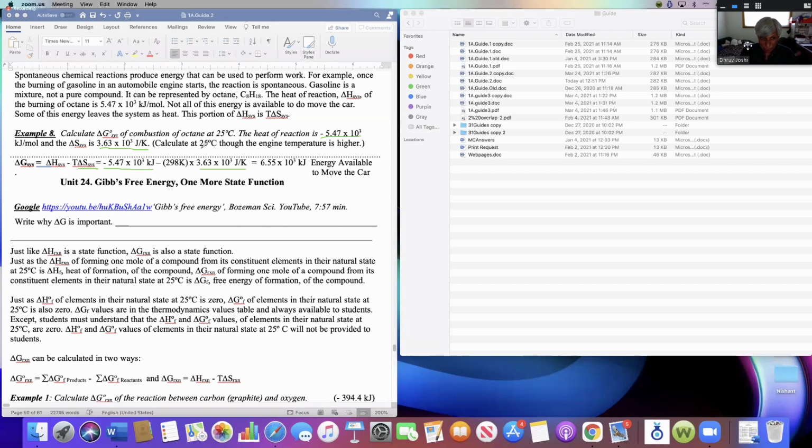Now this is joules and this is kilojoules. So the main thing is for us to make sure that this is converted into kilojoules. And then when we do the math, that works out to be this much energy is available to move the car now.